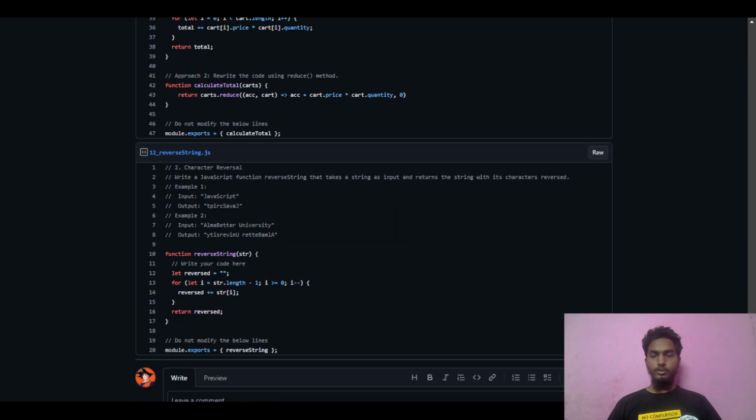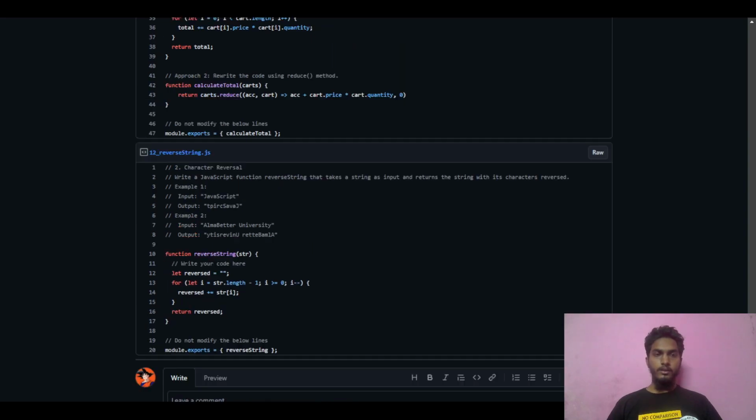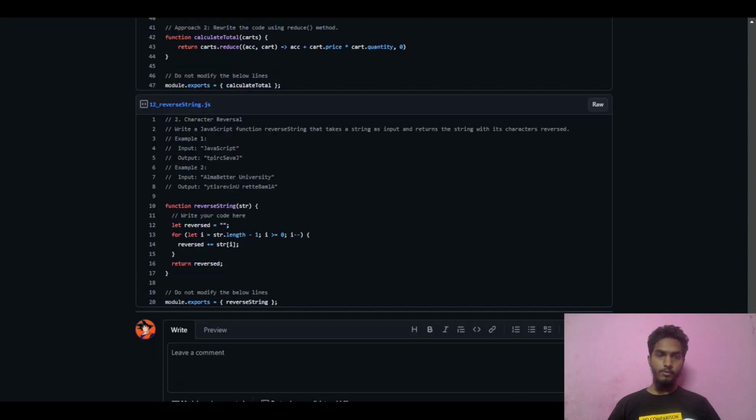Okay. So the fifth and last problem is the reverse string problem. This is from the third bit, where we have to write our own code. No previous code is written to find the bug or improvise. Here we have to write everything on our own.